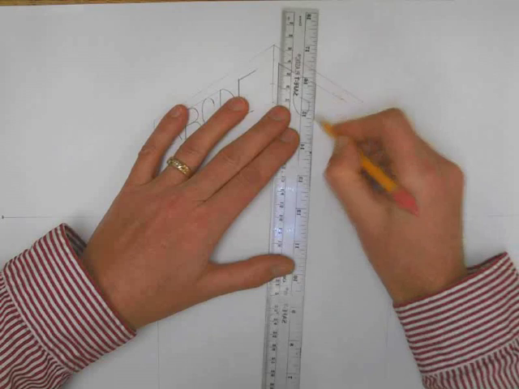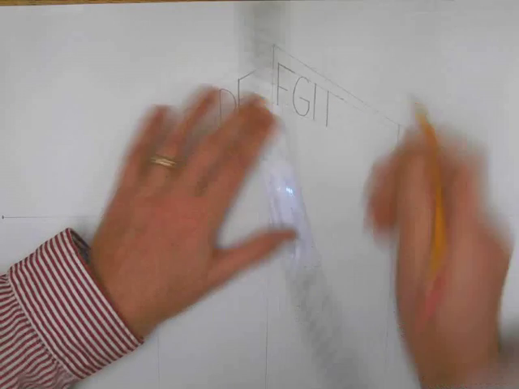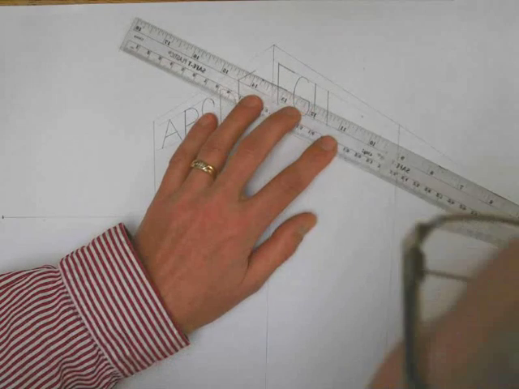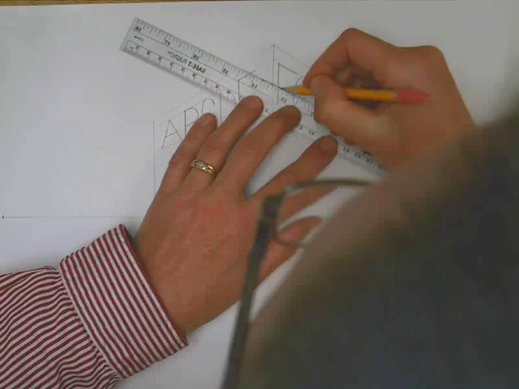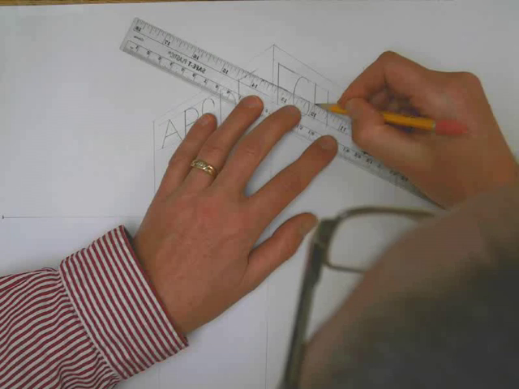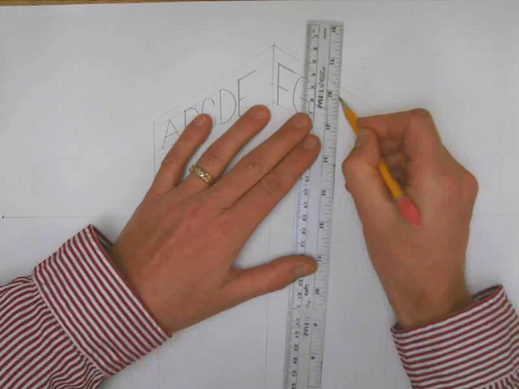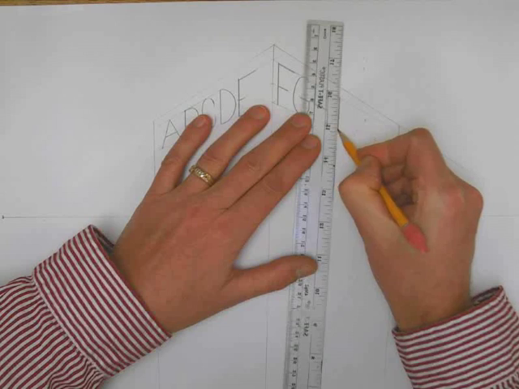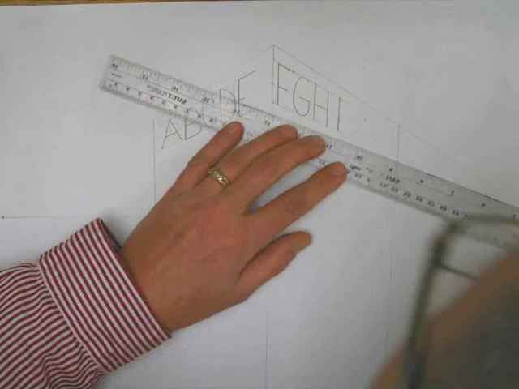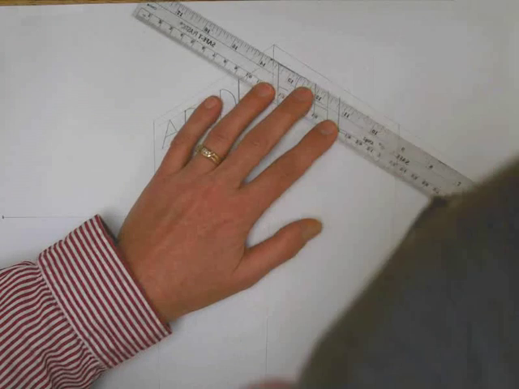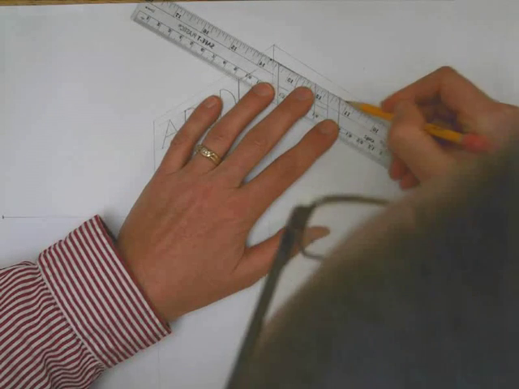H, two vertical lines, they're parallel, going up and down just like the side of your paper. And then the middle one, make sure you line it up with that line in the middle for the F. You want these to be consistent. I, you could do a single line for the I, or if you're going to do the top and the bottom, just like that.